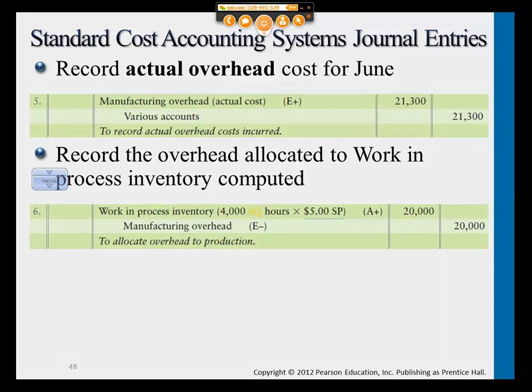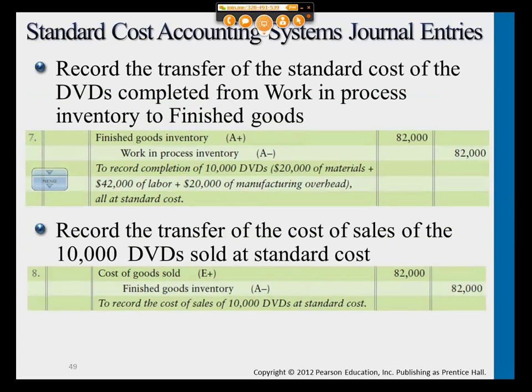Okay, but that's not it. Just four or five more. So 7, record the transfer. So you understand we're following the process, right? Now we're recording the transfer of standard cost of the DVDs completed from work in process. Now we're moving to the finished goods, okay?